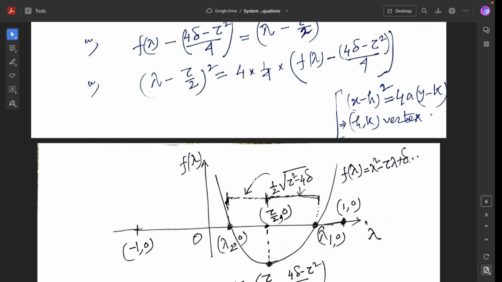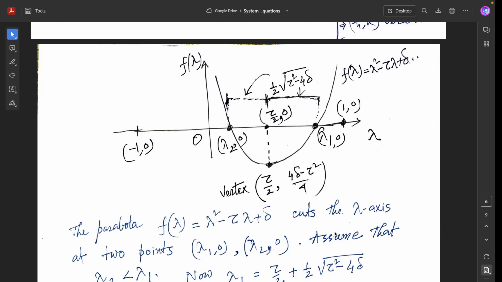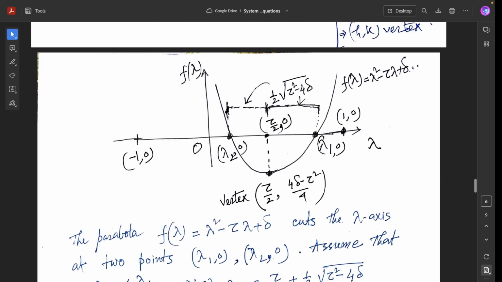This is the λ axis, that is the x-axis, and this is the y-axis, the f(λ). So the vertex is (τ/2, (4δ − τ²)/4). This is the vertex of the parabola, and f(λ) = 0 cuts the λ axis at two points, (λ1, 0) and (λ2, 0).